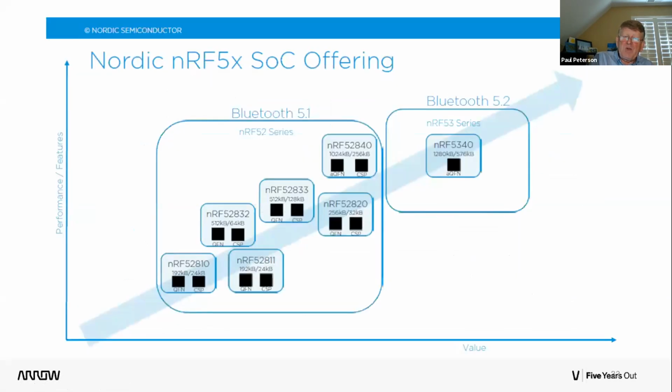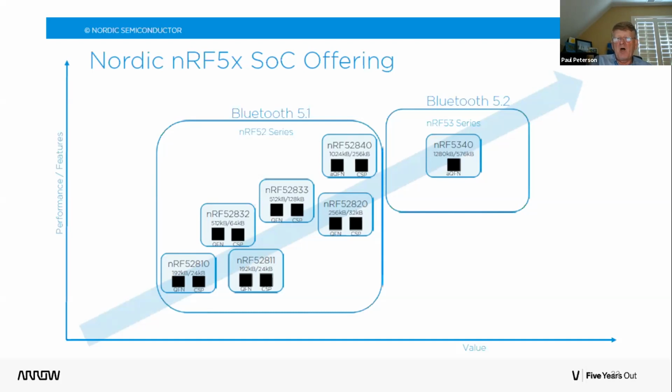We have other suppliers, and again, this is not going to be an exhaustive overview because there are simply so many suppliers. But I do want to talk about those suppliers that are new to market with either 5.1 or 5.2. So Nordic Semiconductor, they're also a supporter of RIoT here in the Carolinas.